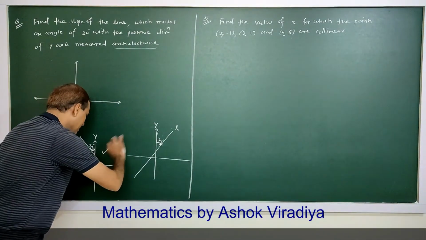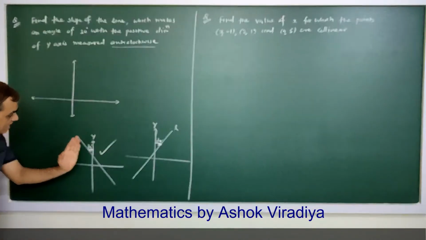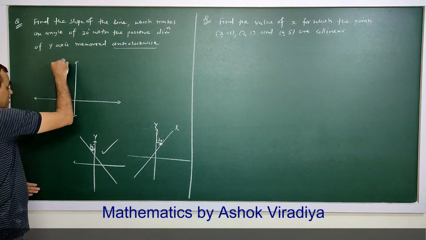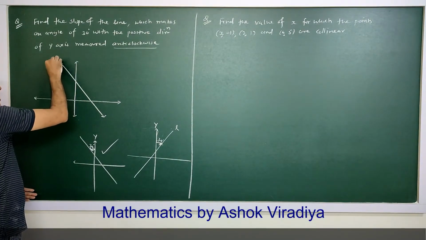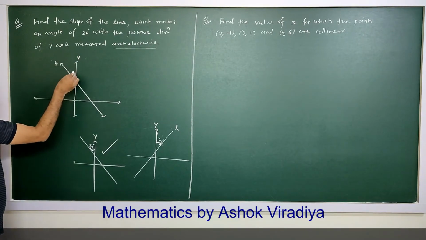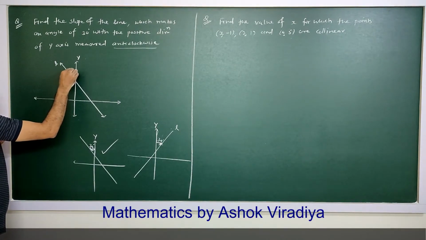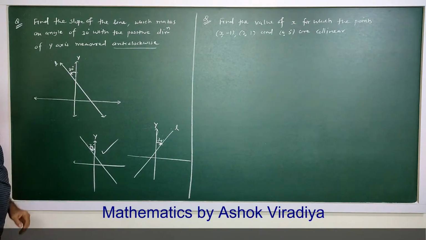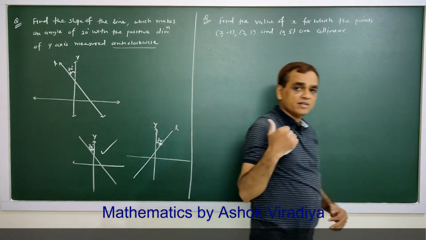We need this line, so we draw the diagram accordingly. This is the line L, and with the positive y-axis, measured in the anti-clockwise direction, this is 30 degrees. So we want the slope of this line.